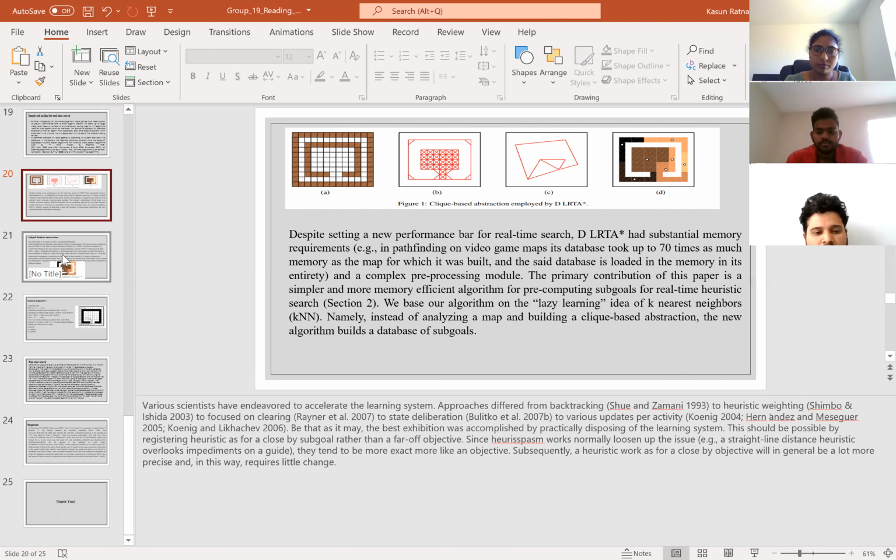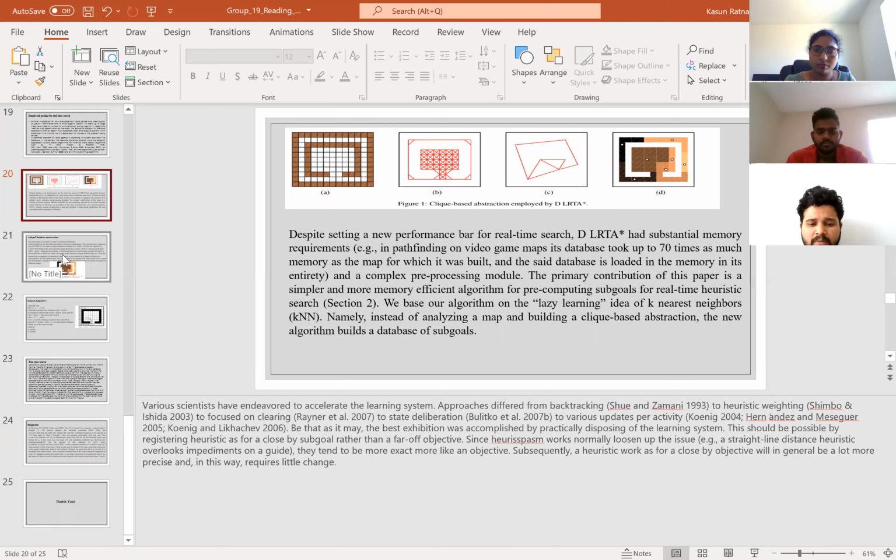However, the best performance was achieved by practically eliminating the learning process. This is done by computing the heuristic with respect to a nearby subgoal rather than a distant goal.